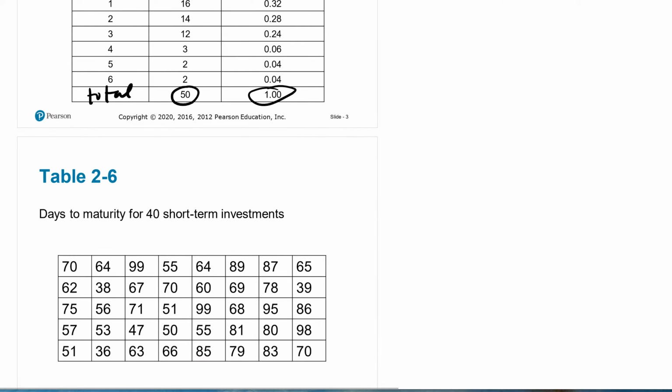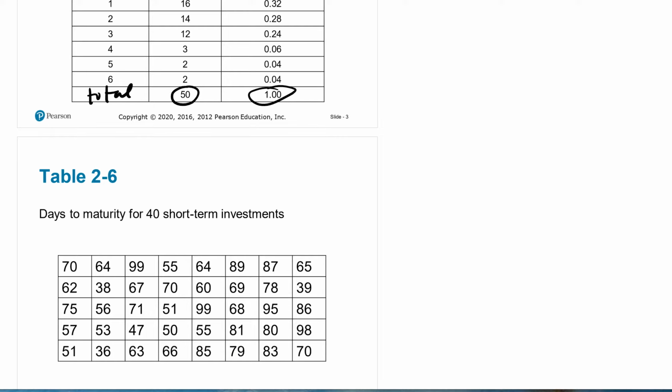Another thing to do is, let's say they give us another data set. This one talks about days to maturity for 40 short-term investments. We collected this data: we have 70, 64, 99. It's like a survey, or data from any source, and then we put it in the table here.